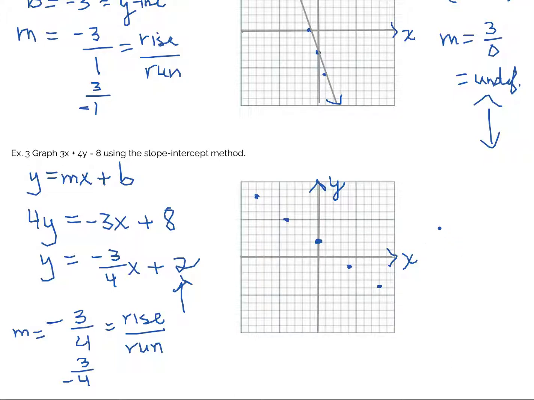You could use 2 points. I recommend 3, but you can do more if you want to be sure. So we can connect those. It's going to be hard for me to get down through all of these. But guess what? When the slope's the same, it's pretty easy. And put arrows on the end because that's good form. And we just graphed the linear equation.